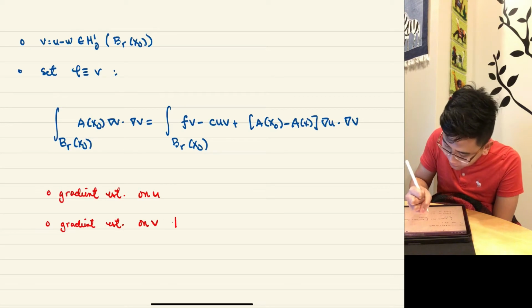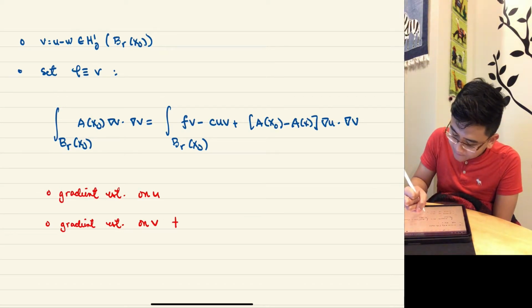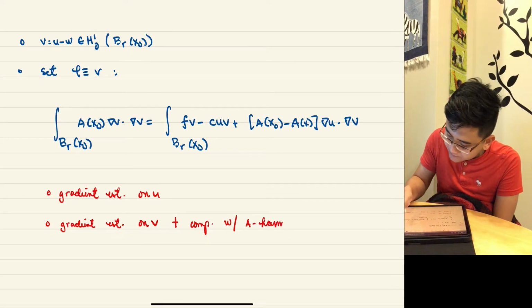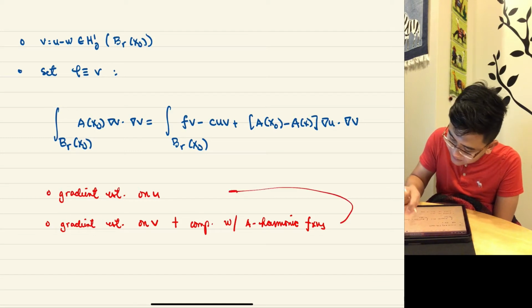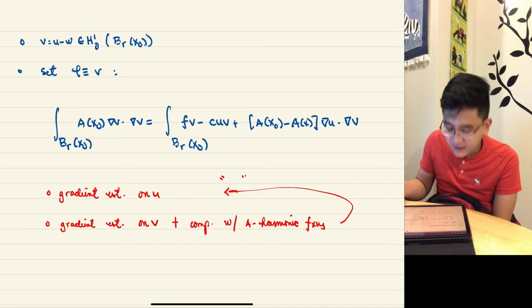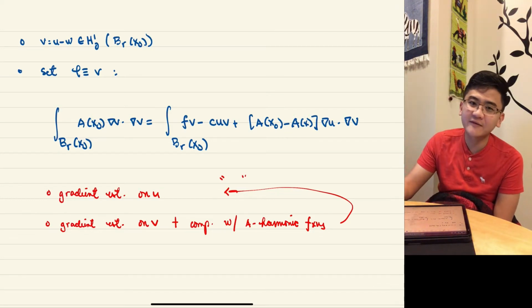Together with some results on comparison with A-harmonic functions, this gives us the gradient estimate on U, but not quite in the form that we want.